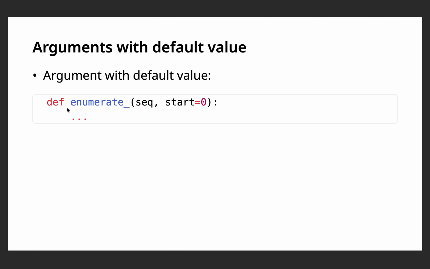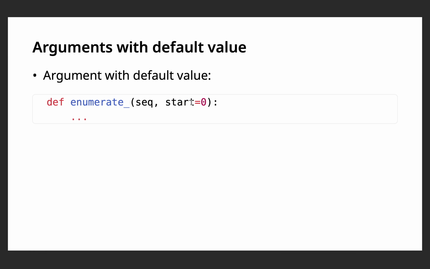So here, this is a function definition where aside from our sequence input, we also have this additional argument over here. So we have start, and that's equal to 0. This equal to 0, this is the default value of this argument.